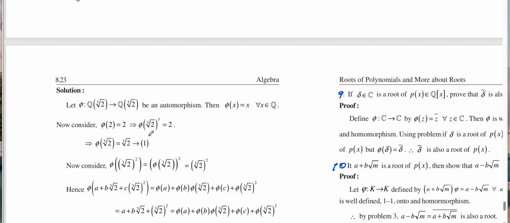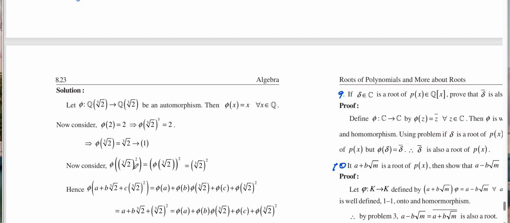You are taking the cube root on both sides, so you have this. You do have omega square also, but your codomain is restricted to this. It does not admit omega square, so that cannot be considered here. So you have only this, and as far as cube root of 2 is concerned, it is also taken to itself.